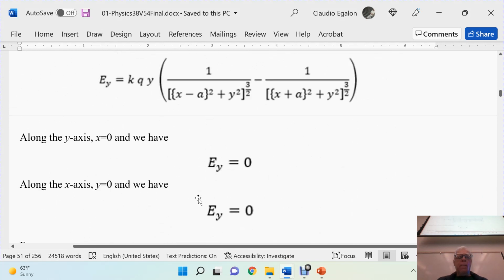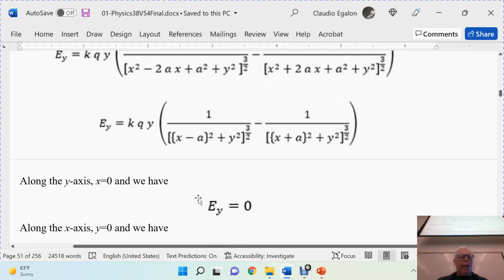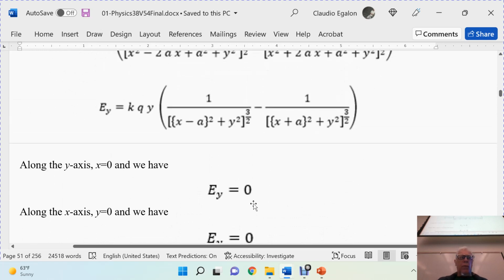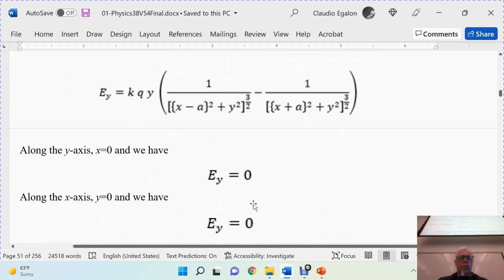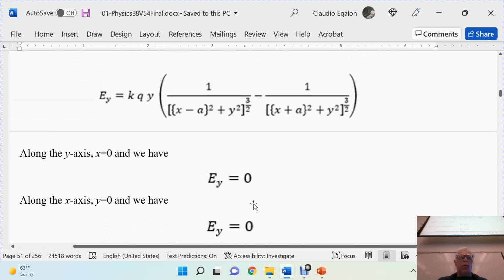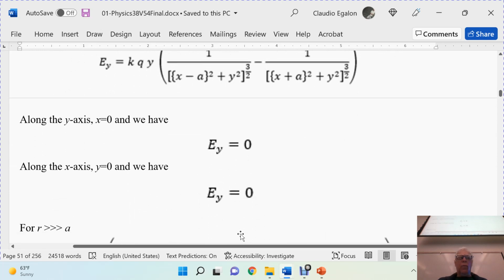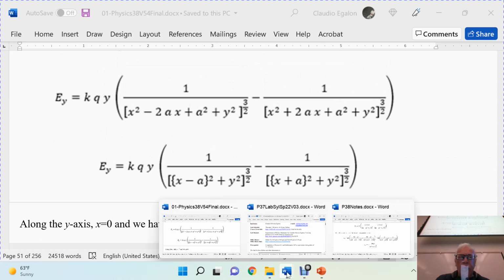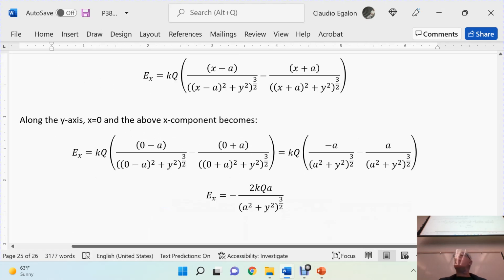When we make it along the y-axis, the y component becomes 0, okay? And along the x-axis, the y component is also 0.